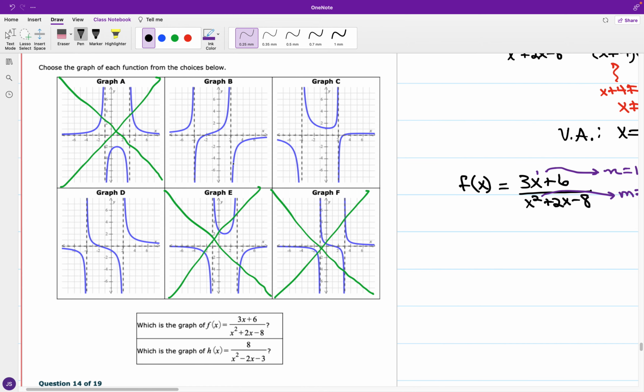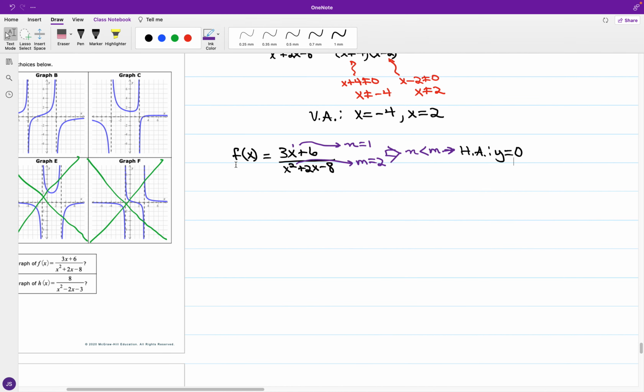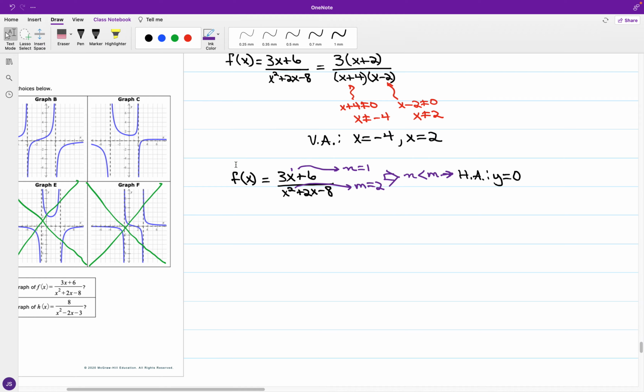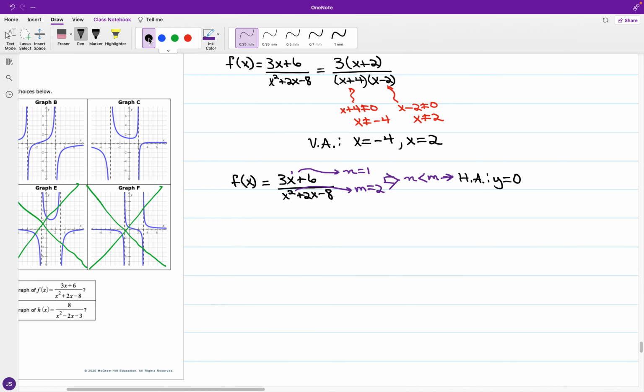So in terms of a tiebreaker, a common one used, especially among graphs that have the same asymptotes, is to determine the y-intercept.